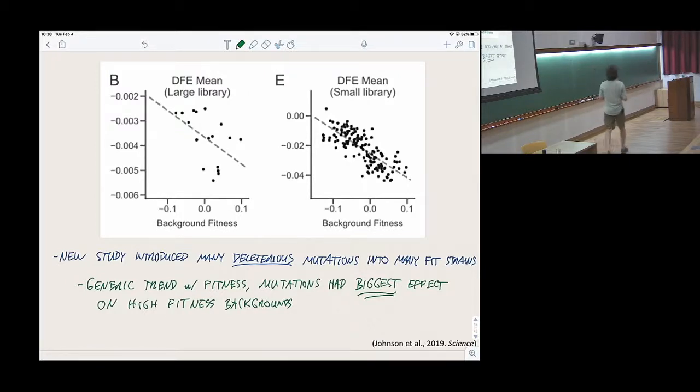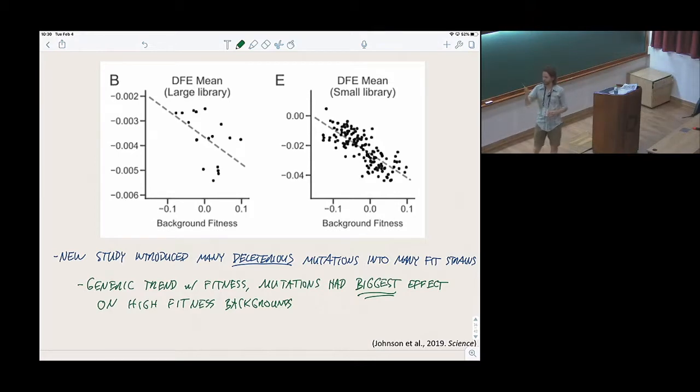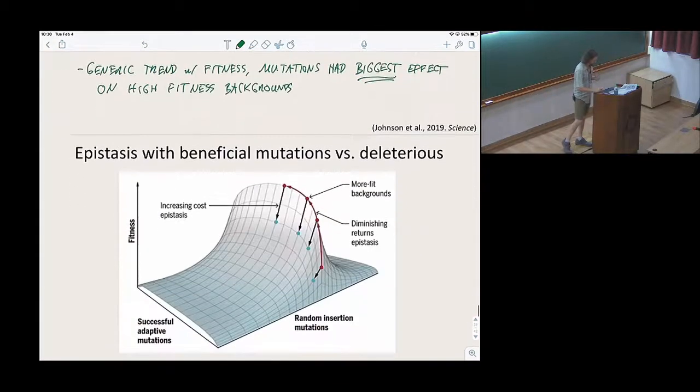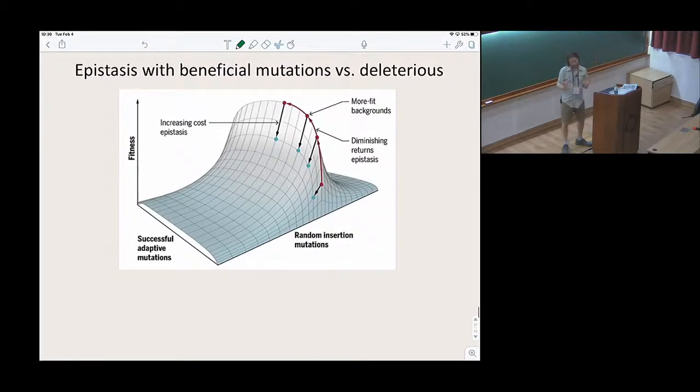So how to put this together into a thought? A friend of mine at the University of Idaho wrote the perspective piece for this paper in Science, and we spent a lot of time talking about this, and he came up, I think, with a really fun fitness landscape where the X and Y axes both represent genetic space, but he's partitioned the types of mutations in different directions.